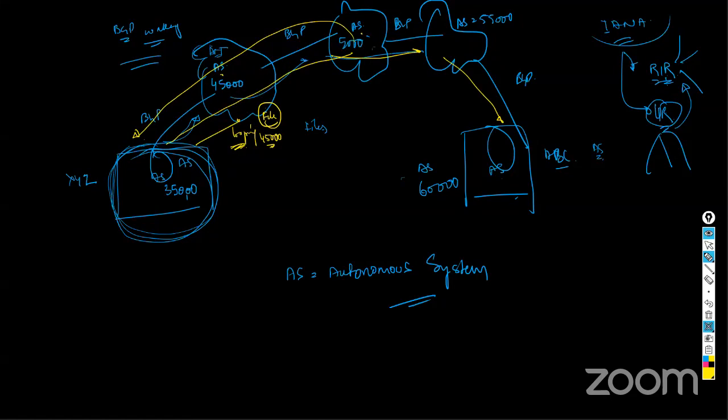Then this AS sends to the second AS, and my file gets another tag. There will be one more tag, and then it will be pushed to another AS, and so on. The AS numbers get added up. You have 5,000 and now 55,000, and finally it reaches the destination point.